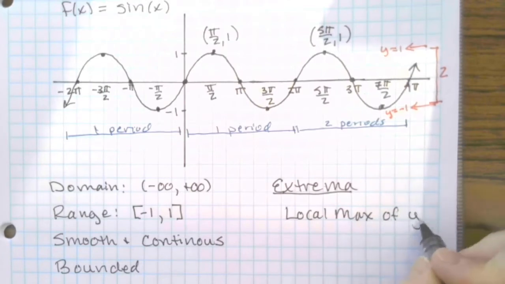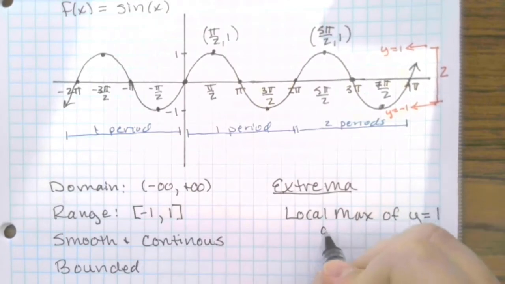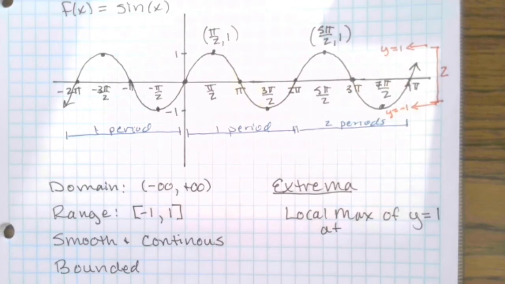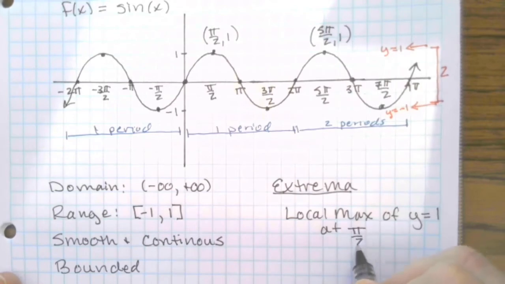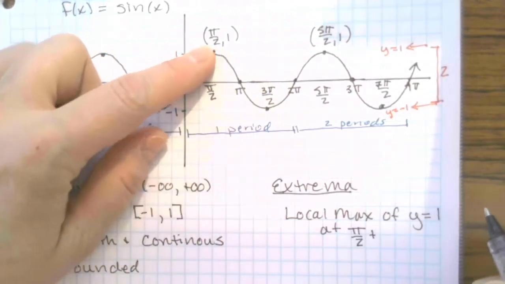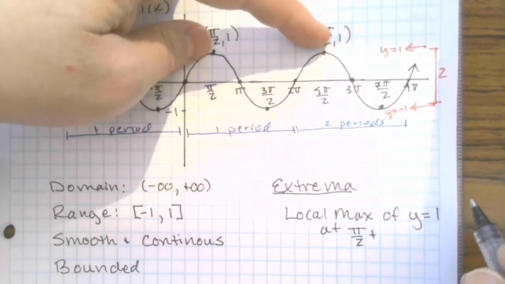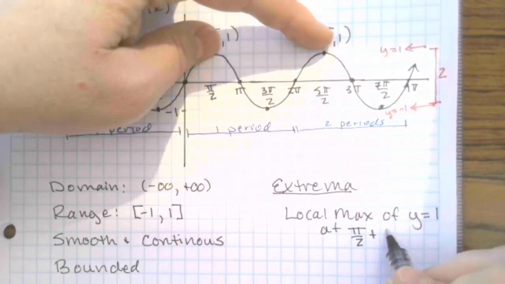of y equals 1 at, and for right now, we're just going to say y equals 1, and we're going to leave this a little bit alone. But it's at pi over 2 plus, so it starts at pi over 2. It goes a distance of 2 pi tip to tip.